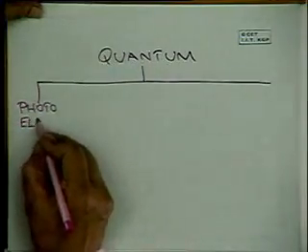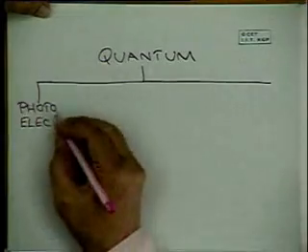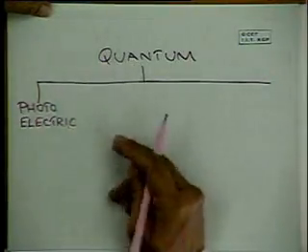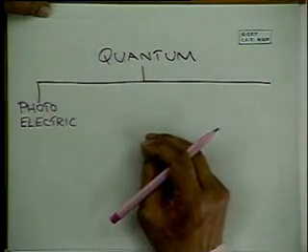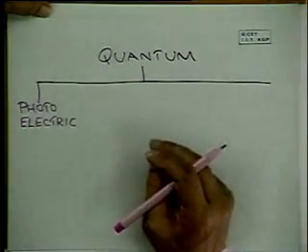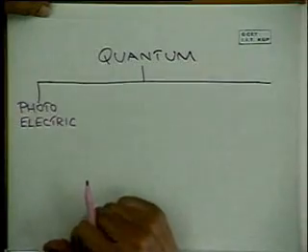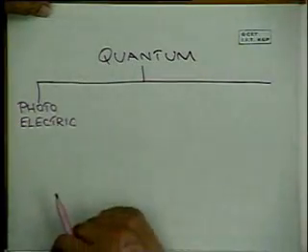If you remember, the phenomenon of photoemission was explained by Einstein in 1905, and that was the first time it was explained that light, in the form of photons, interacted with matter and ejected electrons from a material, from a metal, to overcome the work function.